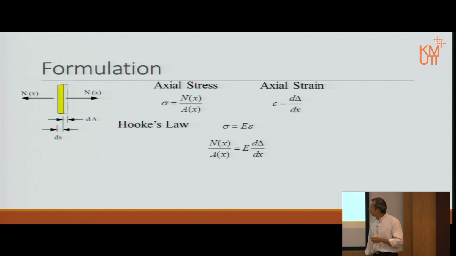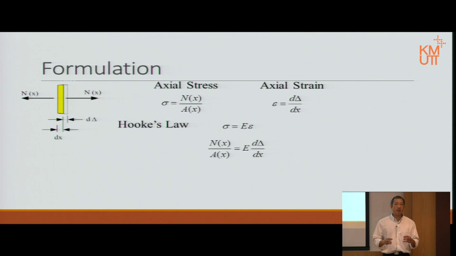Then, of course, because the stress equals the axial force divided by the area, and the strain equals the change in length divided by original length, substitute for stress and substitute for strain, and that becomes the expression we look at for this small piece of the material. Okay. Now, as I said, what we want to know in this case, we actually know N, the axial force, we can calculate using statics.